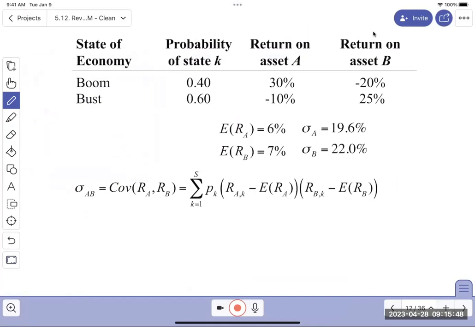So we're going to make columns. There are just two observations, two weights. So it's going to be 0.4, 0.6. So I just copy that down. And then I'm going to copy this column here down here, and this column for B down here.